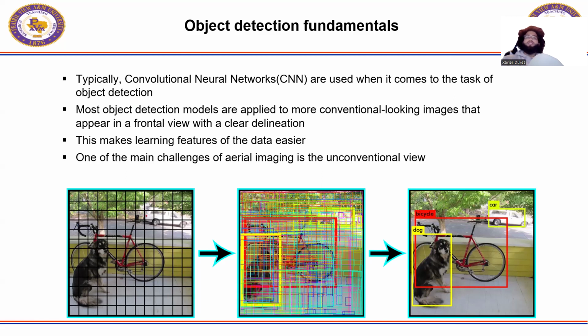It makes learning features of the data easier, as there are just more features present in an image, versus aerial or satellite imagery, that top-down view of something. It becomes very difficult to discern unique features about an object when you're solely looking from the top.